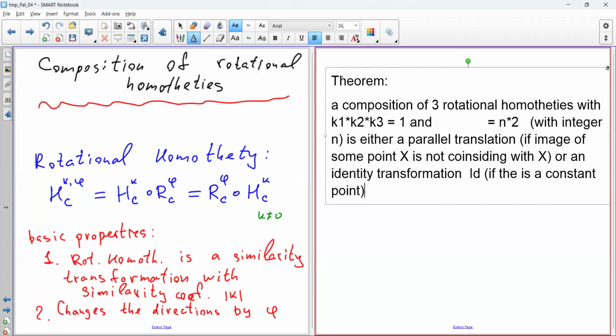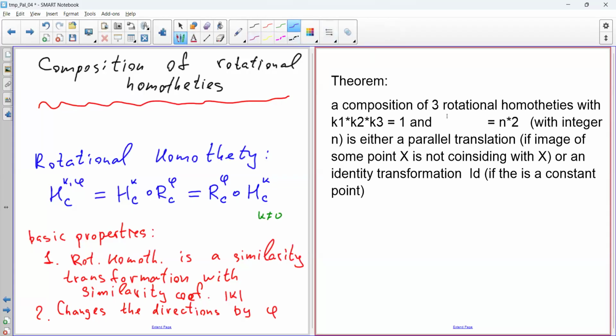Sorry, the phi1 plus phi2 plus phi3 is n times double pi.